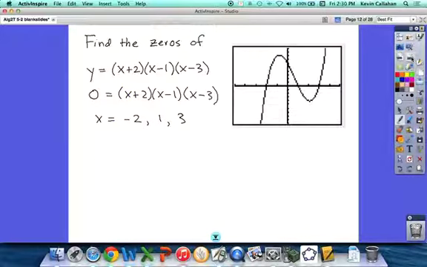Well, where does y equal 0 on a graph? It's on the x-axis, right? Y tells you where you are above or below the middle. If you're right in the middle, then y equals 0. That's why the x-intercepts are the zeros. There, and there, and there.